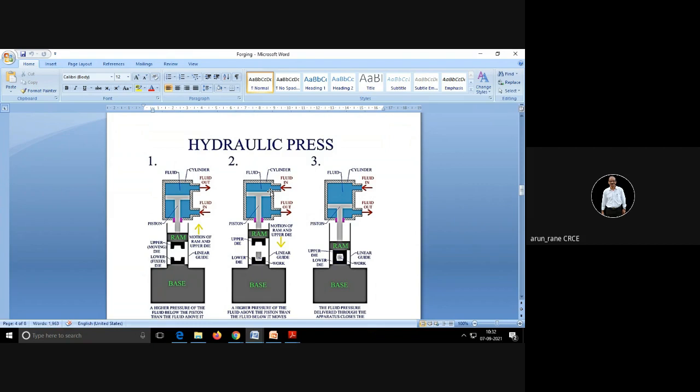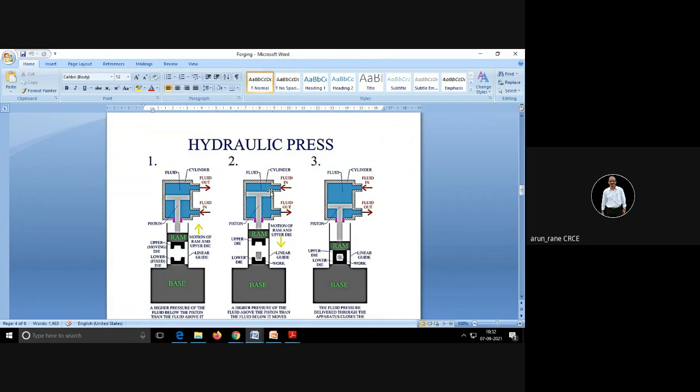Whereas as against that, in the hydraulic press, the speeds are not fast. It moves slowly. You can control the speed, you can control the pressure, you can control the force, and generally they are used for drawing purpose. Hydraulic presses are used for drawing kind of operation.